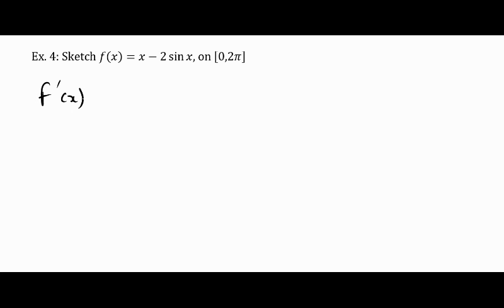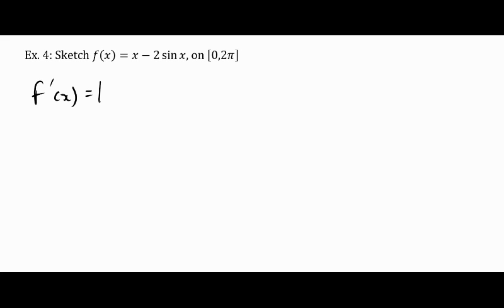So this one's interesting because it's got an x all by itself: x minus 2 sine x. The derivative of x is 1, and the derivative of negative 2 sine x is just negative 2 cos x.